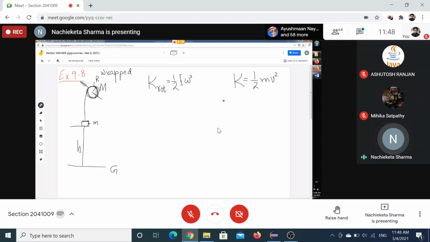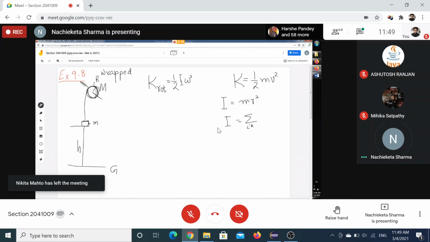And how is I defined? If a mass m is rotating about an axis at a distance r from it, then it possesses a moment of inertia I is equal to mr square. If there are many particles and their distances from the axis of rotation are different, then the moment of inertia I is equal to the sum from i equal to 1 to n of mi ri square, where n is the number of particles.